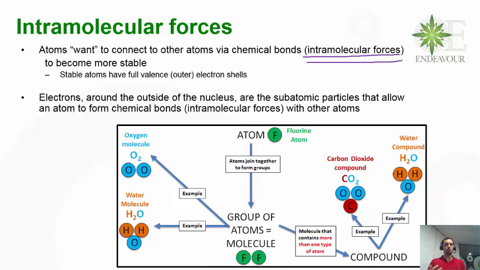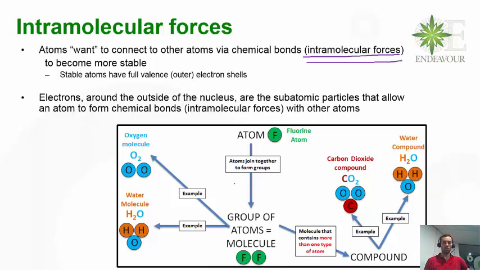Remember, the atoms are forming these chemical bonds to try and get the right number of electrons in their valence shell to be stable. Satisfying the octet rule and having 8 valence electrons is where the atom will be the most stable. Remember, it is the electrons within the atom that are responsible for chemical bonding. Specifically, it's the unpaired valence electrons that can allow an atom to form a covalent bond.